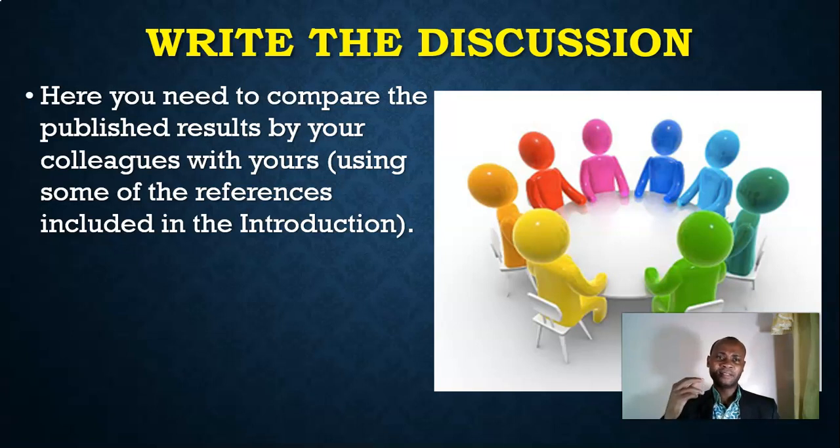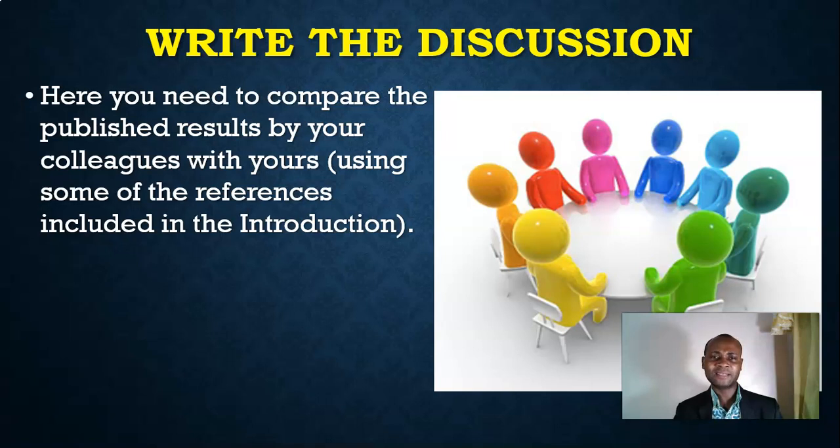The first level is what do your results mean? And the second level has to do with what others have found, which is similar to your results or contradicts your results.